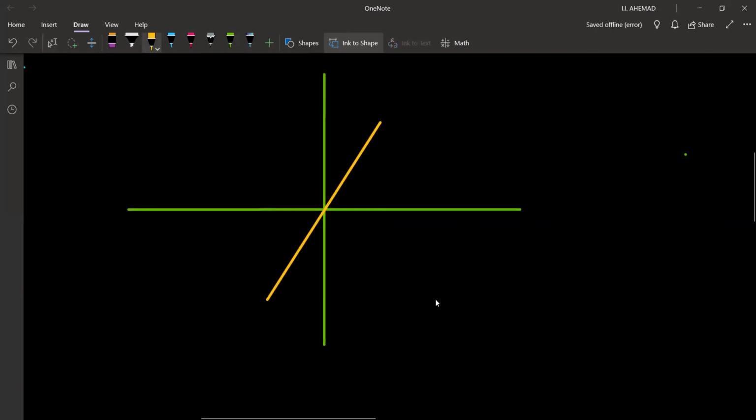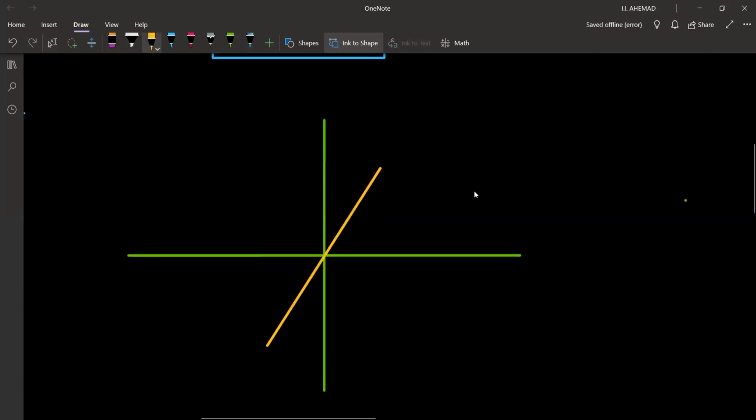We expect it to be a continuous straight line, but it is not the case. This is V out versus V in. After a certain level, it's flat.